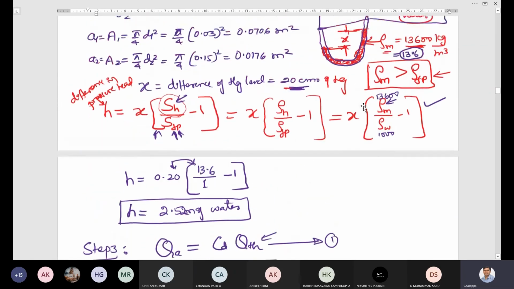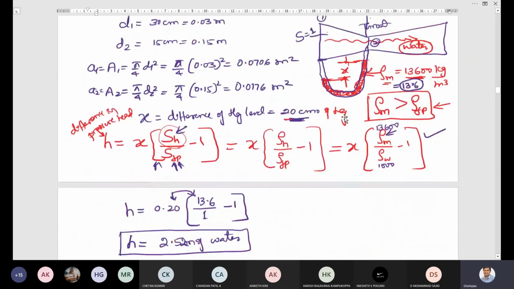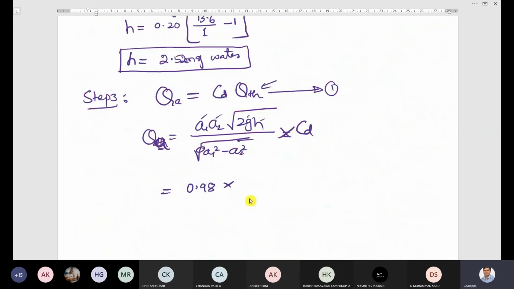Yes, here CD is 0.98, that I have taken, into A1 which is 0.0706, into A2 which is 0.0176, square root of 2 into G value 9.81 multiplied by H. H value is 2.52 here.